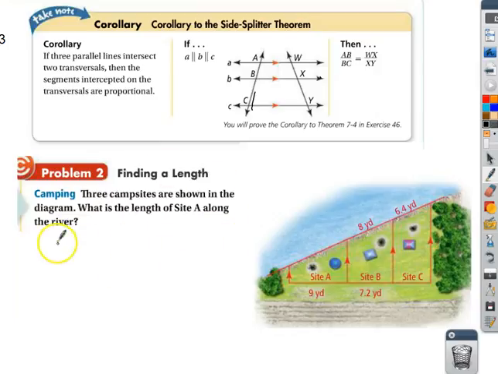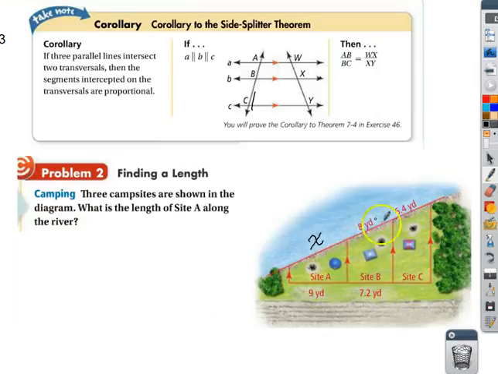So here, we have a problem where 3 campsites are shown in this diagram, and we want to know the length of side A along the river. So I'm going to call that X. So to find X, I should recognize that all of these lines have been divided up proportionally. So I want to find a pair of river versus side that I have both numbers for.